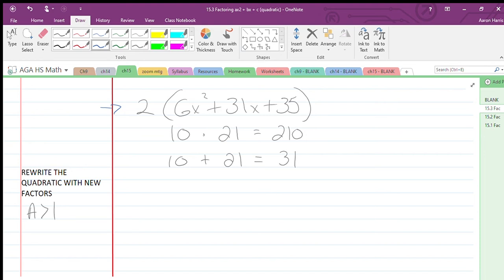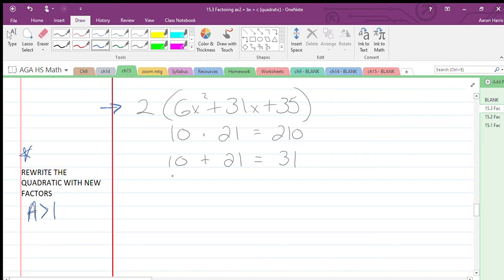Rewrite the quadratic with new factors. So again, a is greater than 1, and this is the new step. This is the step that we have to do that's a little bit different than if a was just equal to 1, okay? So remember, we started with 2 times the quantity, 6x squared plus 31x plus 35. And then we found the absolute value of a times c, correct? So 10 times 21 was 210.